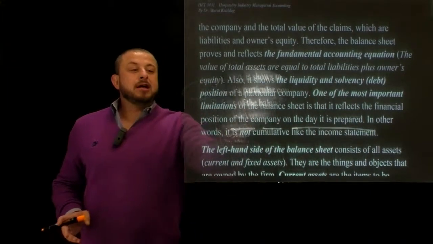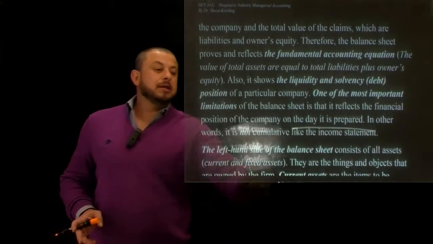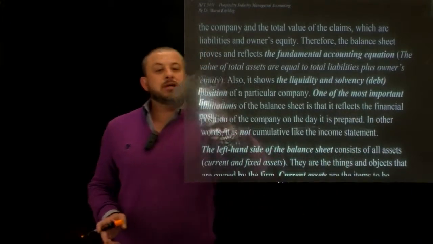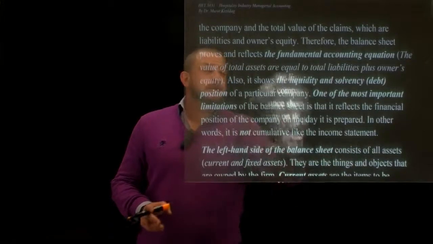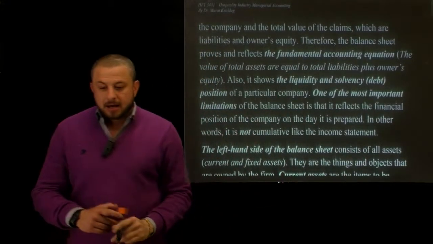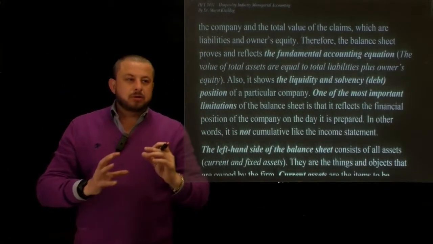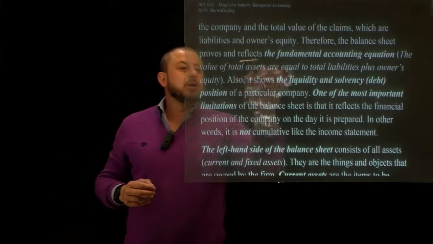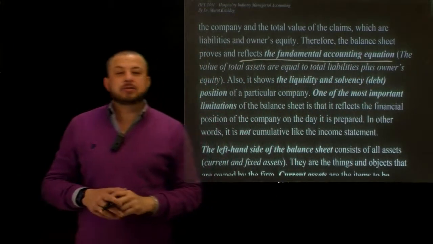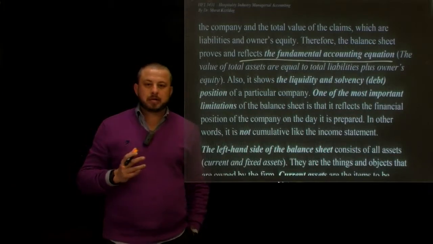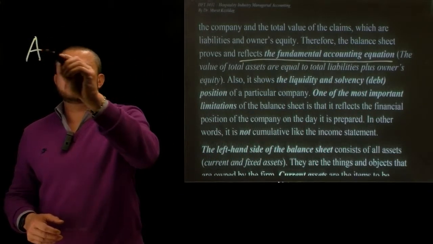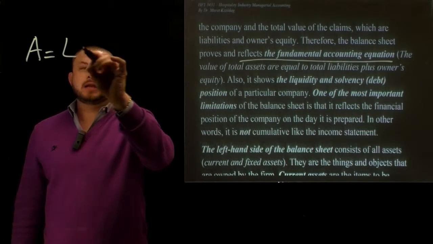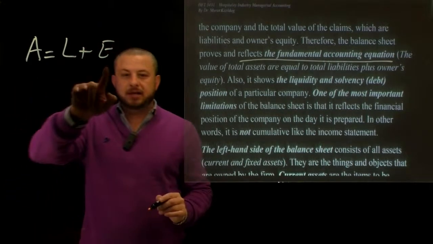We have the asset section, the liability section, and the owner's equity section in the balance sheet. And the assets, liabilities, and owner's equity sections have to follow the fundamental accounting equation. We know this. I'm going to show it to you right now. The fundamental accounting equation, A is equal to L plus E, and we know what they are, right?